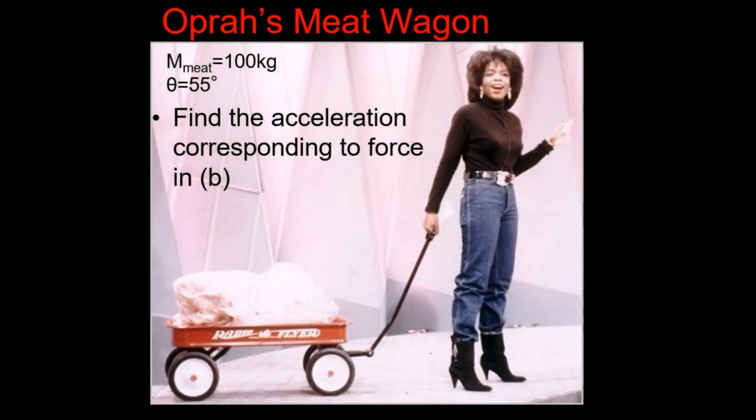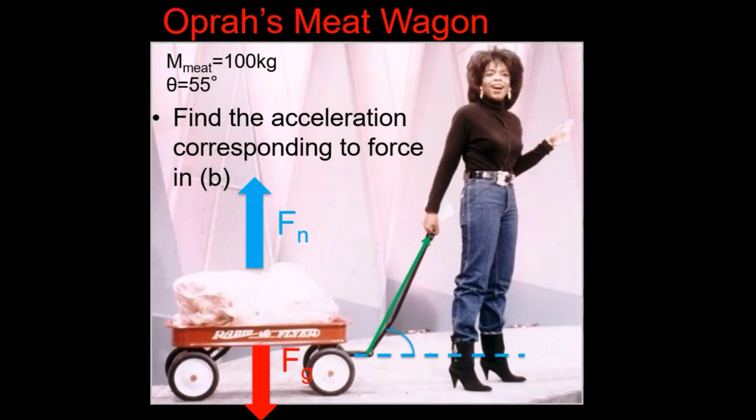Having found the force, part B wants us to find the corresponding acceleration to that force. This should not be particularly difficult. We're now armed with our 77 newtons, our 55 degrees and our 100 kilograms, but we don't necessarily have to employ everything all over again. As we saw with the equations of motion, sometimes you can make your life easier by just thinking simple.